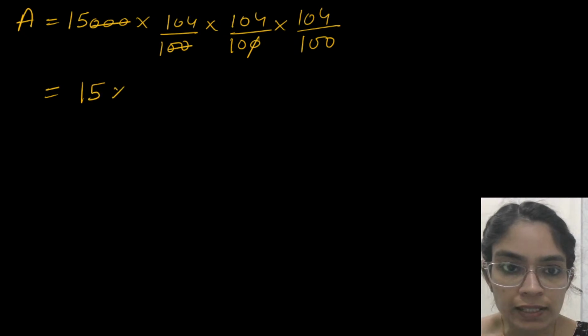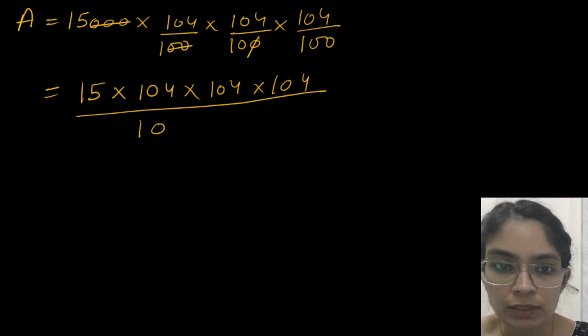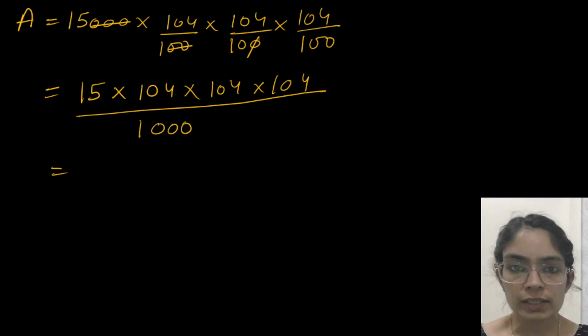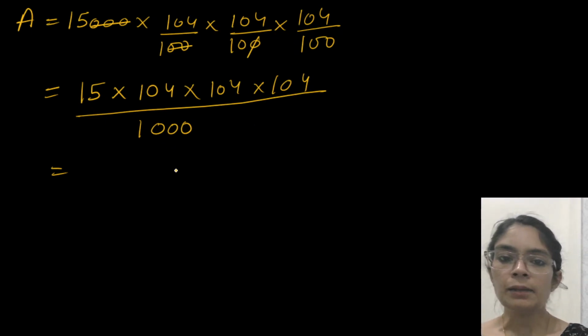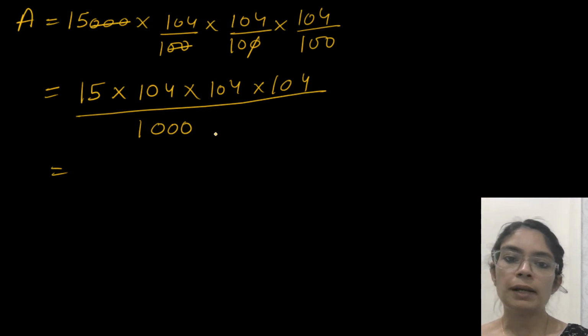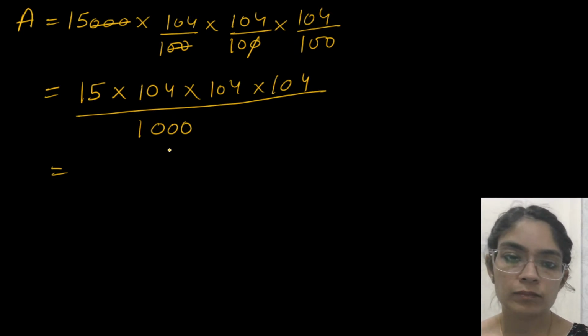So 15 into 104 into 104 into 104 by 1000. If we do further cancellation, it will be in fraction. So do the multiplicative part first of all. Just multiply all the numbers at the numerator.